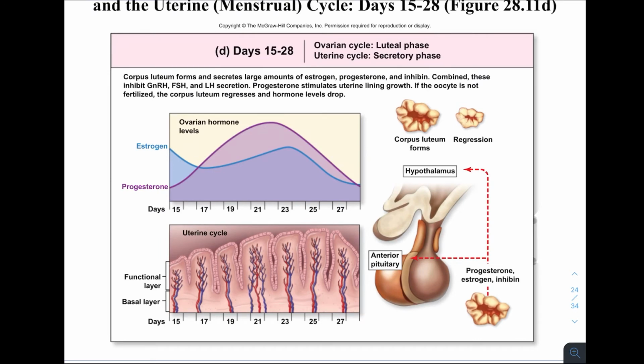Now, the egg is ejected and is inside the fallopian tube, but if you remember, the cells that are surrounding it, the ones that had the antrum inside of it, that turns into the corpus hemorrhagicum, which eventually also turns into this endocrine organ called the corpus luteum.